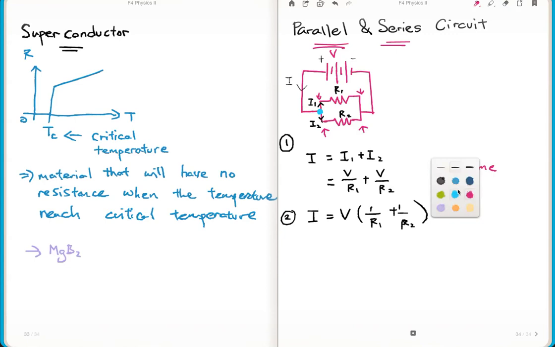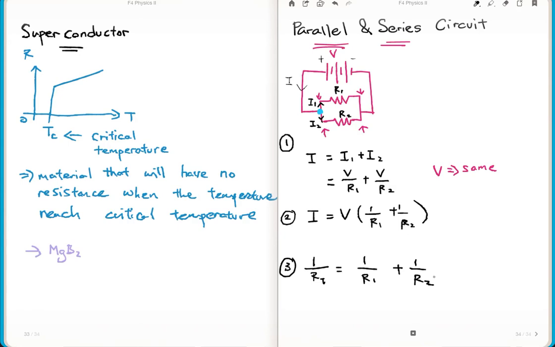Then the third characteristic for a parallel circuit would be from here. But V equals IR. So what happens? Here, your 1 over R total equals 1 over R1 plus 1 over R2.